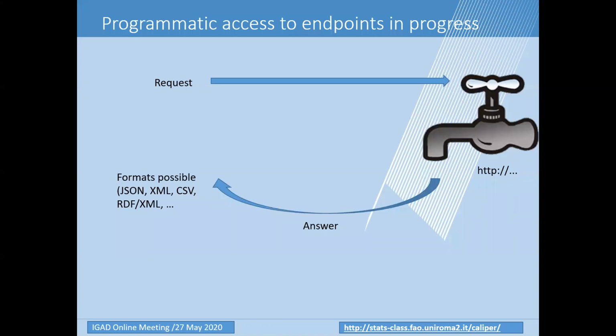And we are testing this already. So the standard pattern of interaction with the APIs is this. A request is sent over the internet to a web address, like an HTTP address, and the answer is the data you want in a format that is acceptable for the machine.